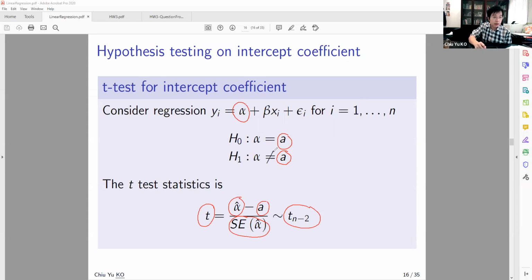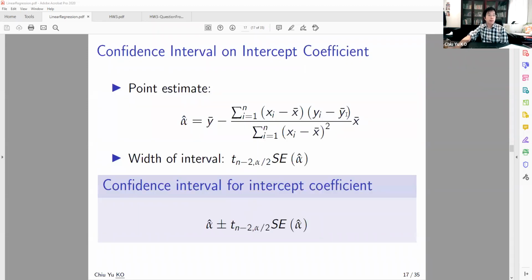But if it's not equal to, then you do a two-sided test. Okay, I hope now it's rather clear. Otherwise, you do the one-sided one, depending on what you do, okay? So this is the hypothesis testing. I hope that is rather straightforward.